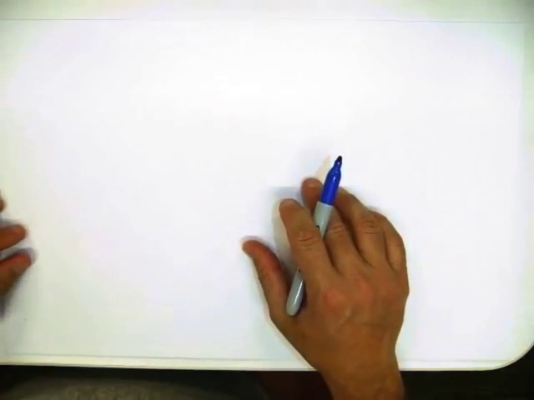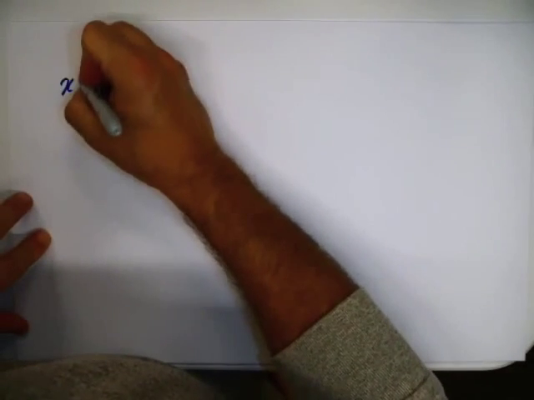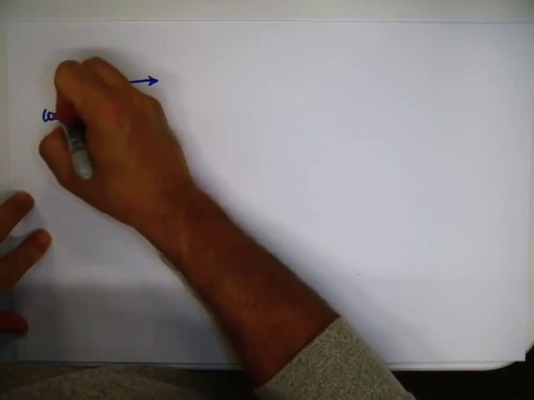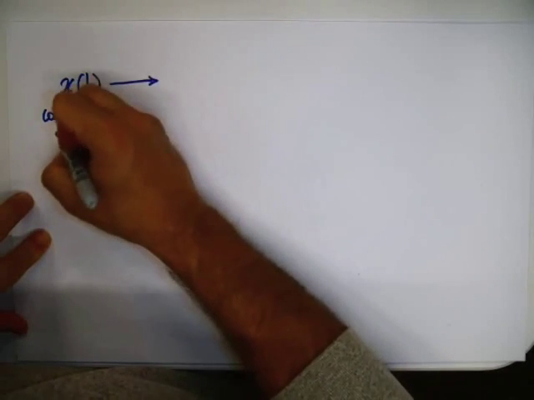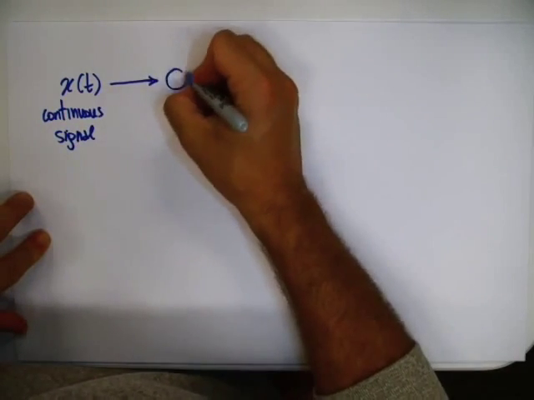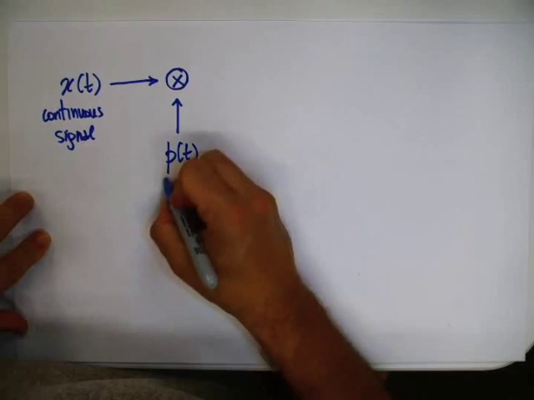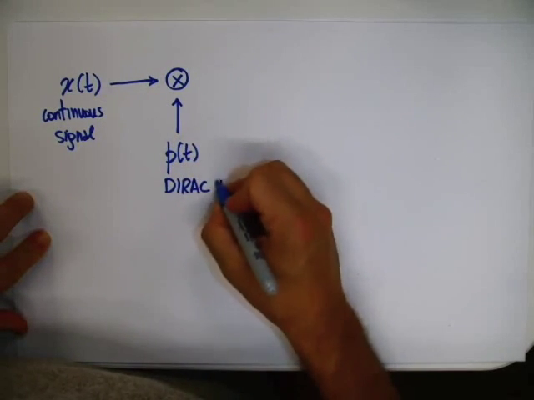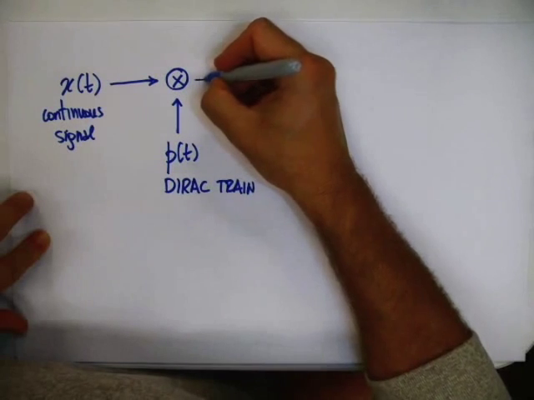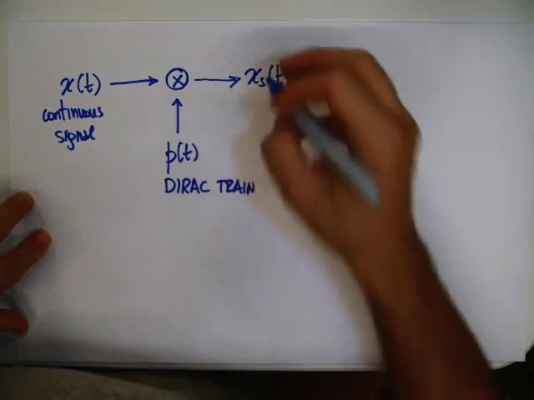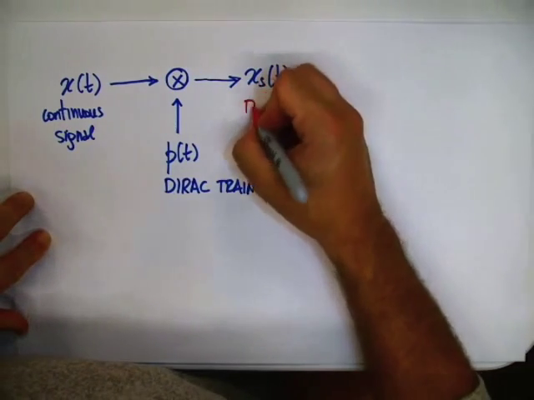So that's the big picture about sampling. You start with a continuous signal. You sample it by multiplying with a Dirac train. The output is a Diractified signal.